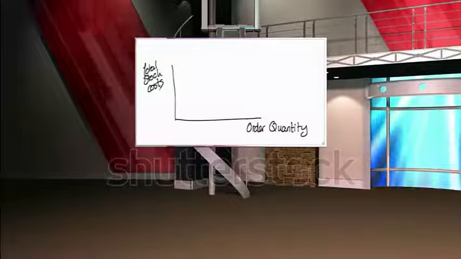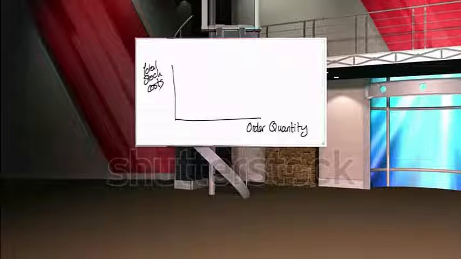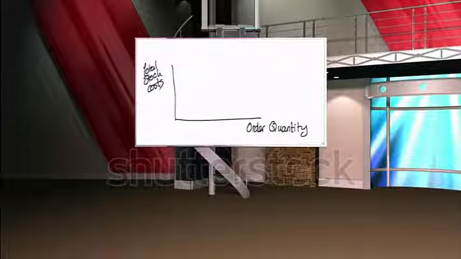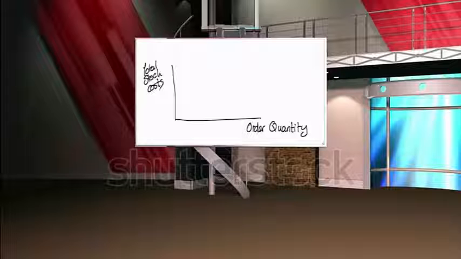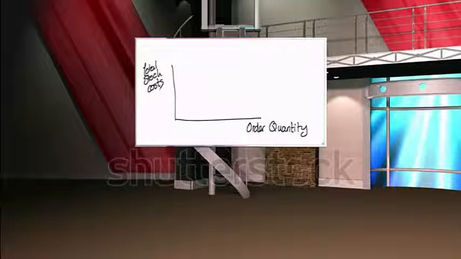So first we want to think about how our annual holding costs would appear on this graph. Well, we've said as our order quantity goes up, our annual holding costs will also go up.